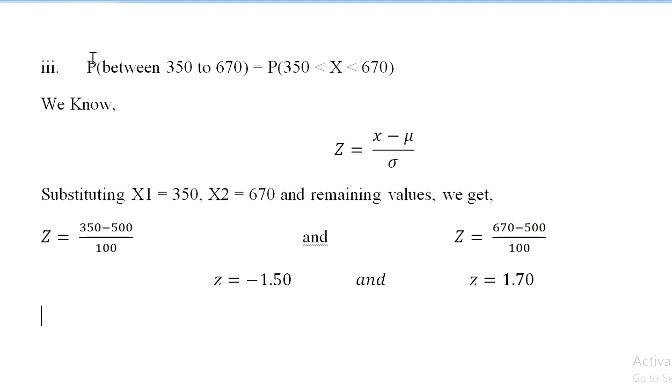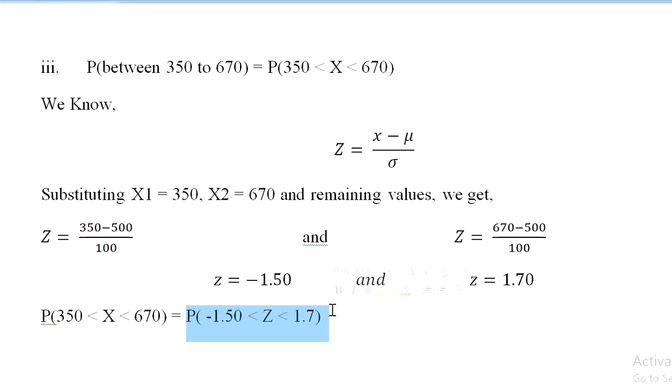अब मैं basically इसको इस form में लिख सकती हूँ. Now we want to find probability. अब जब मैं x को z की form में लिखूंगी तो ये इस तरह से लिखा जाएगा. Probability that minus 1.50 is less than z is less than 1.7.